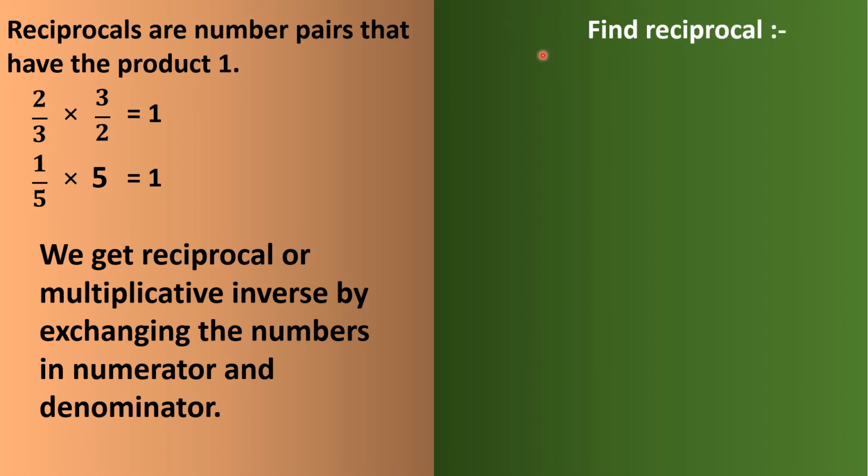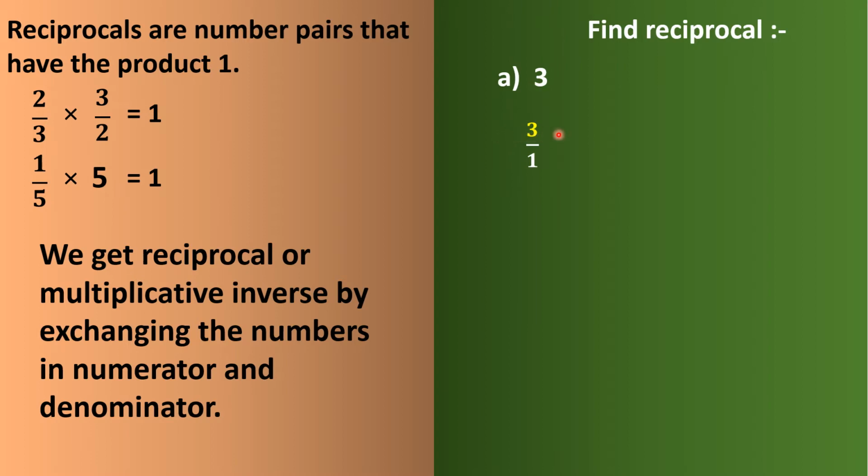For example, just see here, here is a whole number 3 and we need to find out the reciprocal for this whole number 3. But you know that we can write this 3 as a fraction also, like this, 3 by 1, where 3 is the numerator and 1 is the denominator. Now we can easily find the reciprocal of this number 3 by 1.